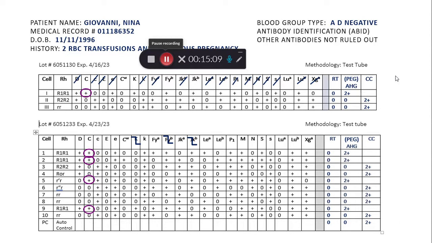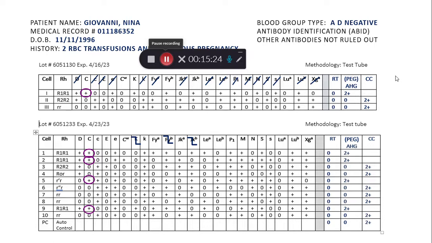This is what I would call a perfect pattern of reactivity, where every cell that expresses the corresponding antigen that we think our patient has an antibody against reacted with our patient, and every cell that lacks the antigen does not react.